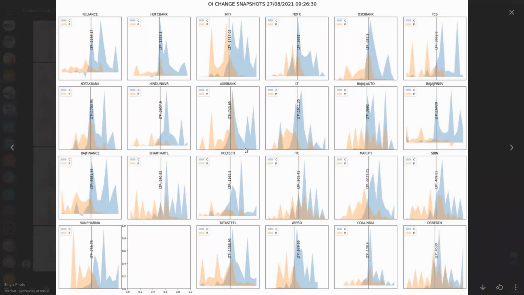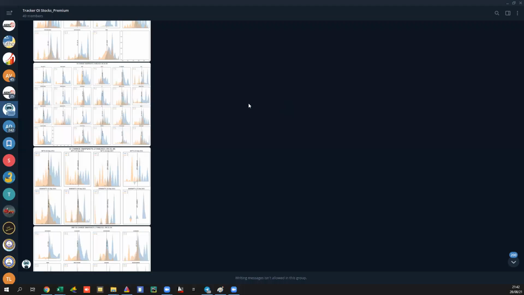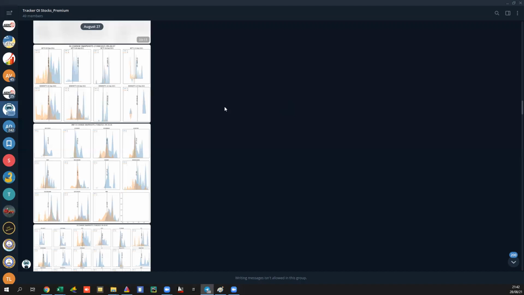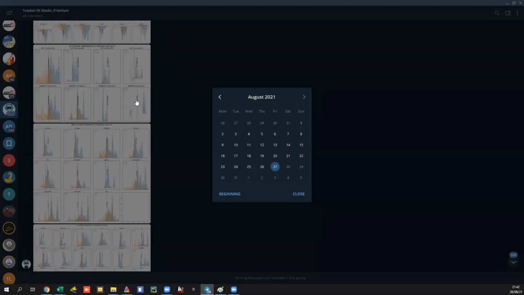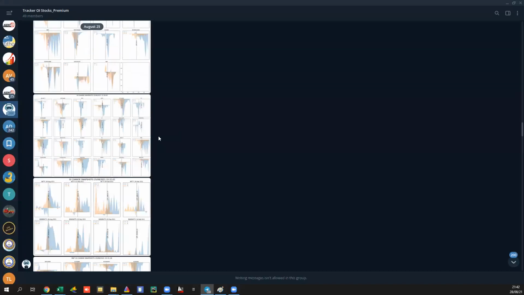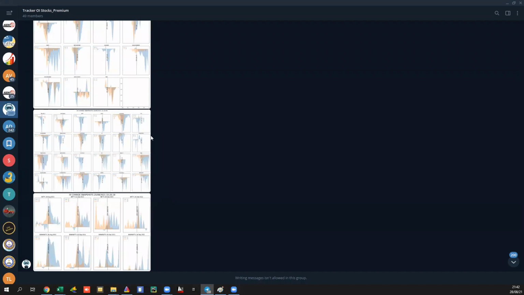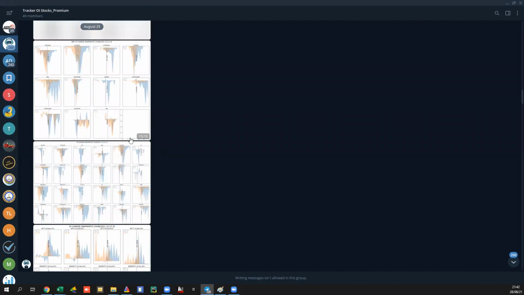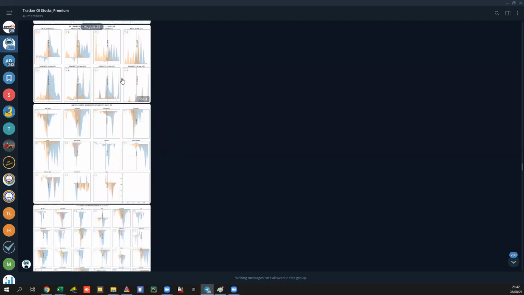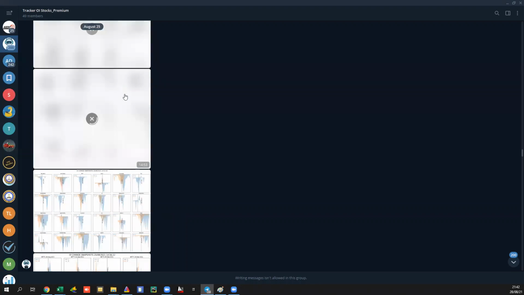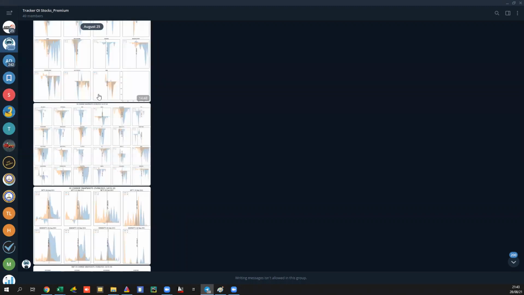So let us not take the 27th August example. I'll show you one older example. This is one I recently discussed with one of the members, and he specifically asked me what is the correct way of using it. I just want to take an older day, somewhere where we can relate it with the chart, because close to the expiry, it will most likely not show you bullish or bearish.